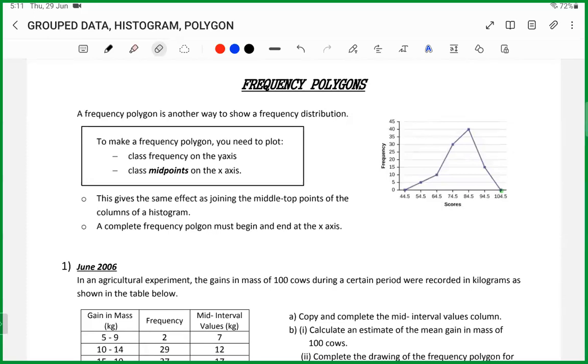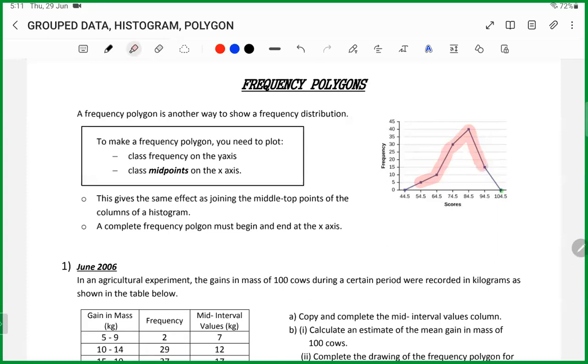That's how you get a frequency polygon. And a complete frequency polygon is going to start and end on the x-axis, right? Now, is it possible to find something and they call it a frequency polygon and they just do this part?